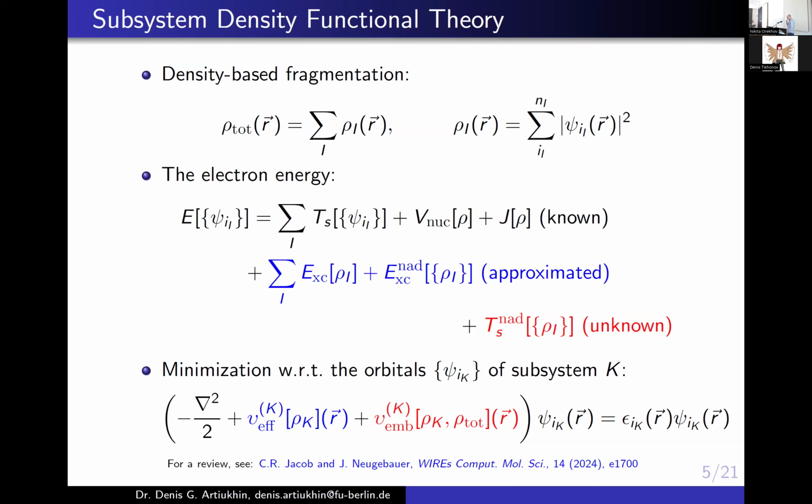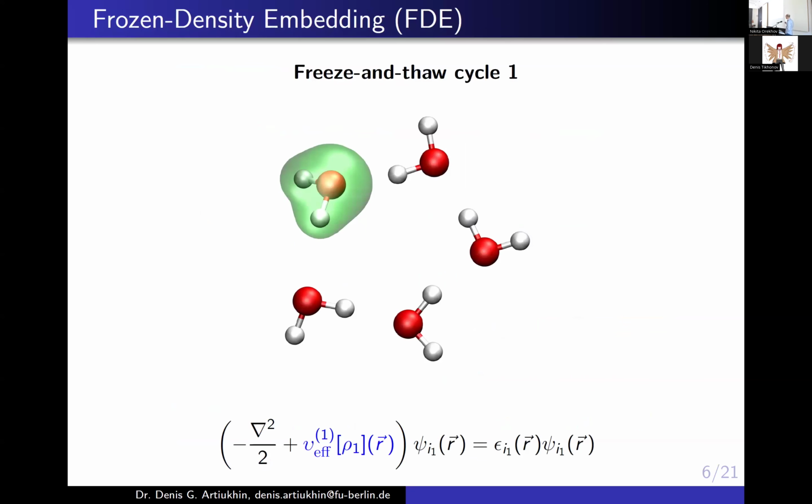Just to give you an idea what's happening in practice, if the equations are not clear enough, let's say I have a water cluster. The first thing I do, I split it into subsystems, and in this particular case, each water molecule can be a separate subsystem. Then I extract the first water molecule and compute it separately in vacuum, so it doesn't interact with anything, and I'm solving just normal DFT equations.